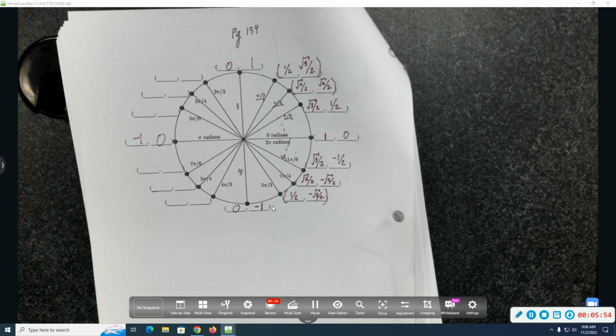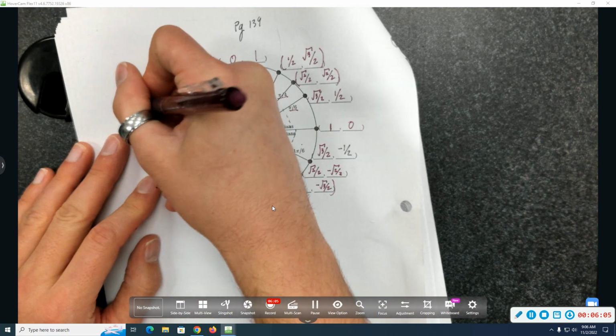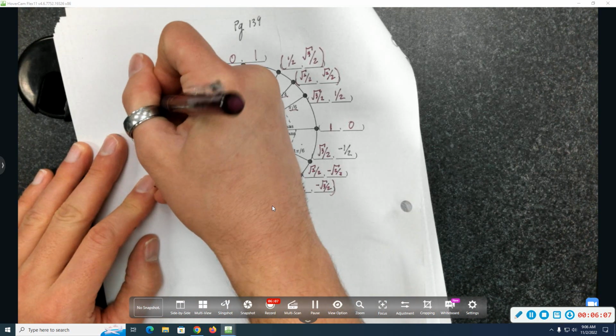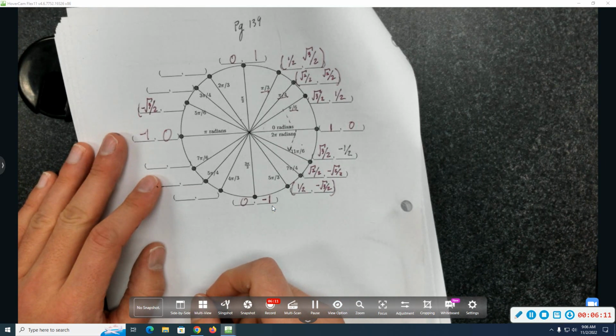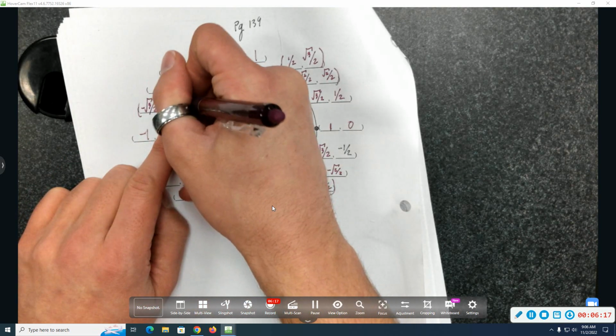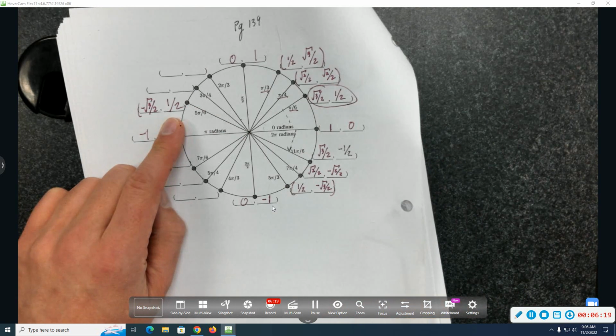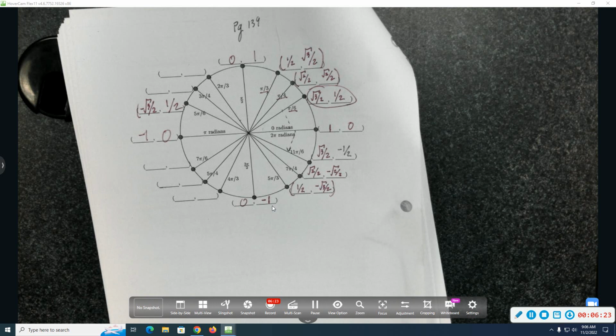So what should the trig functions at 5 pi over 6 be? I hear a negative root 3 over 2. And how about cosine? Nope, how about sine? That would just be 1/2. It should be this point, but reflected over the y-axis, because that's what replacing an angle by pi minus that angle does.